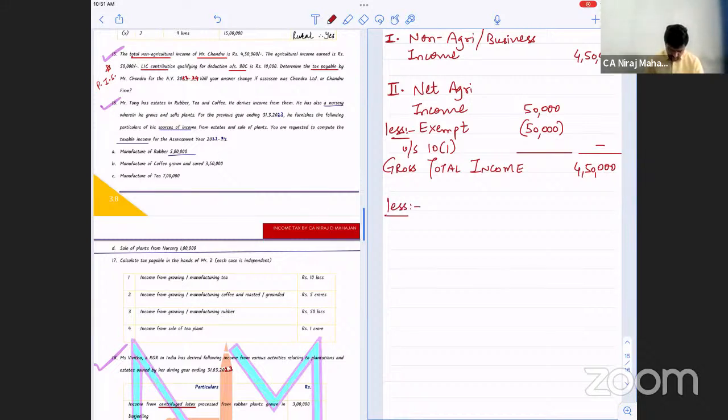So less, chapter 6A deductions. Under that, the first one, section 80C, is your LIC premium. It is in fact a life insurance policy, but I'm writing LIC premium. I think you paid 10,000. Yes.